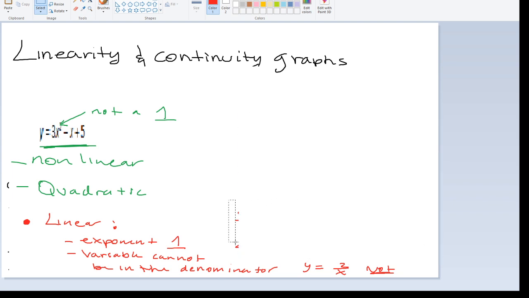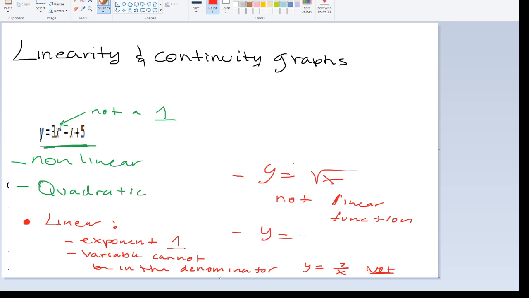So sometimes we'll see an equation that may look like this: y equals the root of x. This is not a linear function. Sometimes we'll have y equals x to the negative 1.